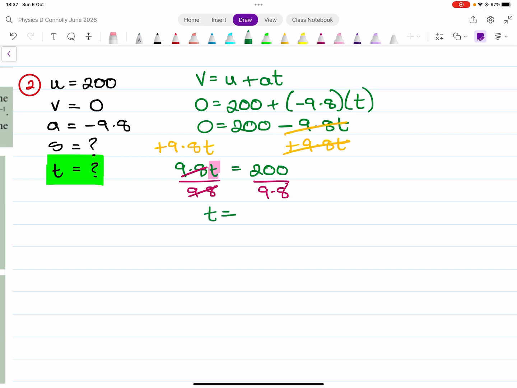So T equals 20.41, rounded to 2 decimal places.